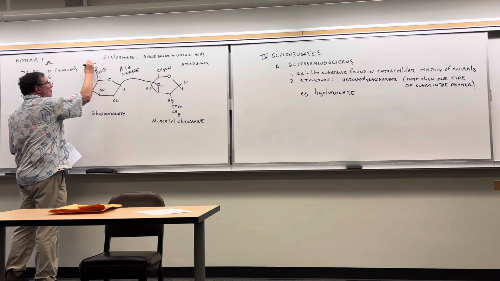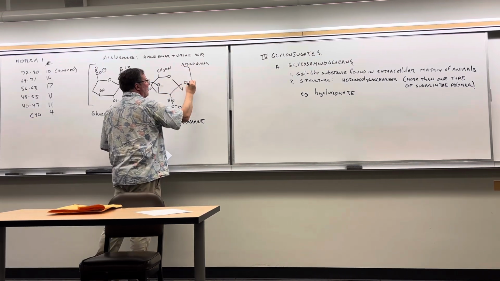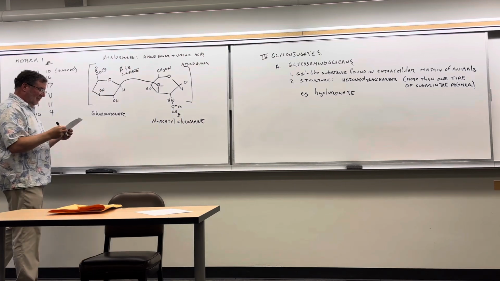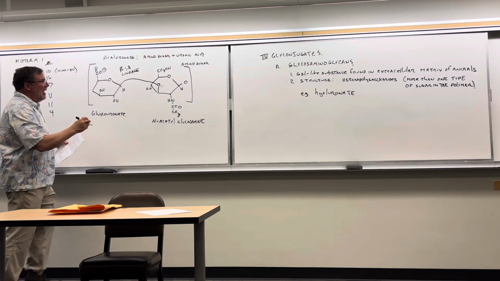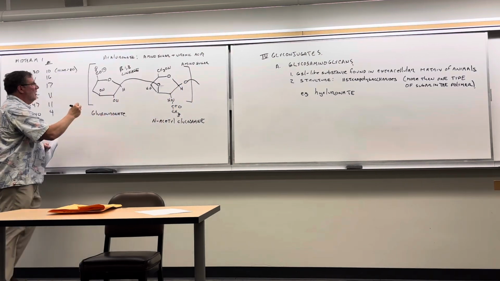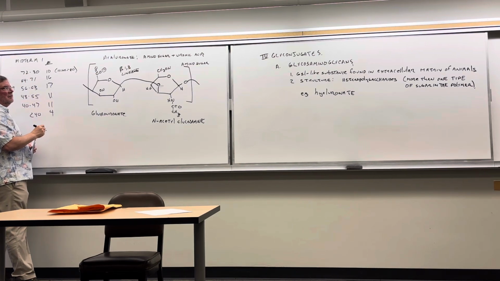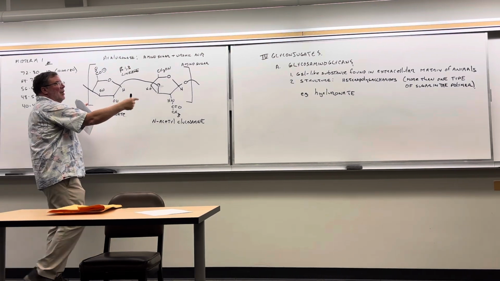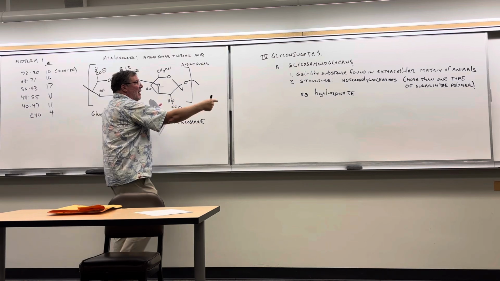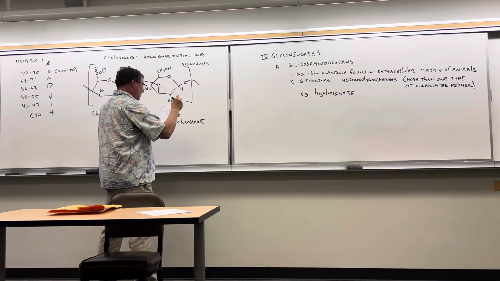So this whole thing repeats. And it's going to form a beta linkage to this 4 position. So the linkage between this repeating disaccharide unit here is a beta 1,4 linkage.